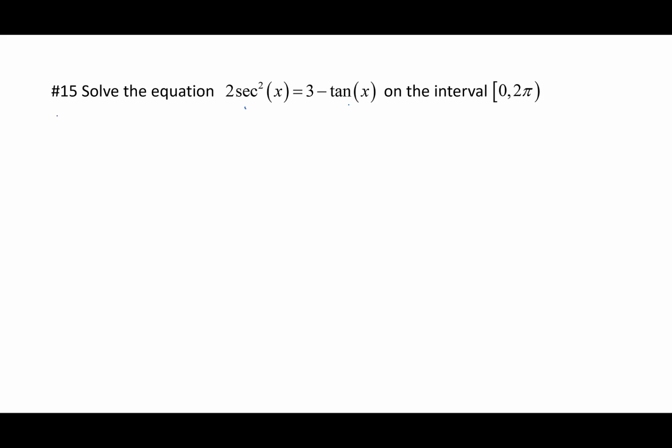If we think back to the basic Pythagorean identities, sine squared x plus cosine squared x equals 1.